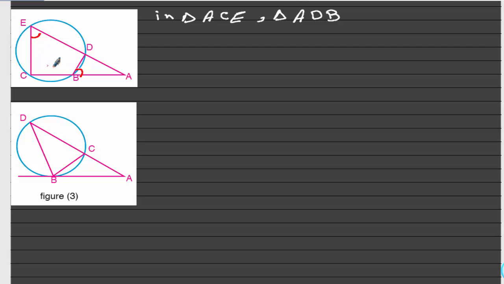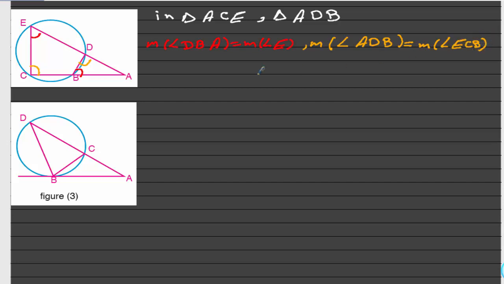Note that the figure ECBD is a cyclic quadrilateral, so the exterior angle DBA, here I write it, measure of angle DBA equals measure of angle E. And also we have measure of angle ADB equals measure of angle ECB.